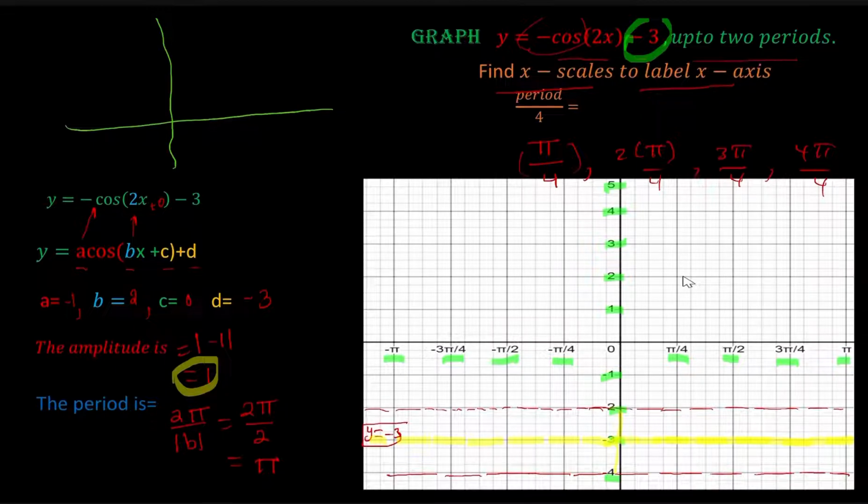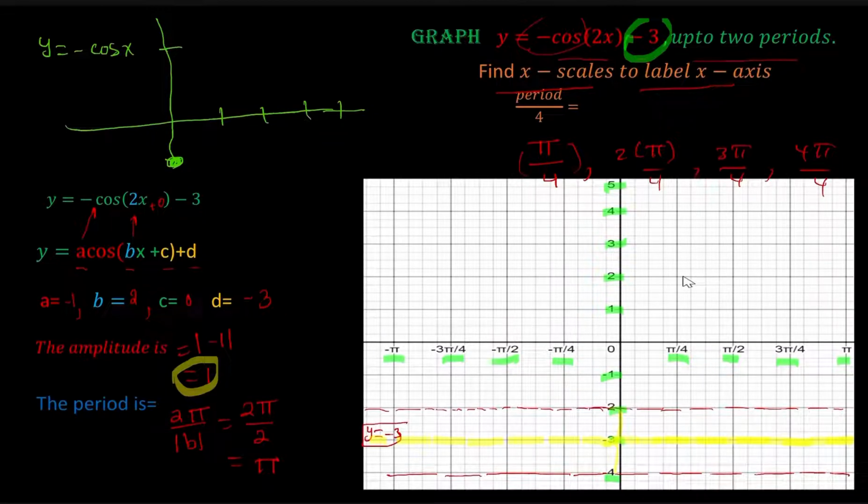So you pick 4 values, 1, 2, 3, 4. So negative cosine can go 1 up and 1 down. If it's positive cosine, it will start at 1; if it's negative, it starts at -1. Because we are doing y equal negative cosine x, we start at the min point.